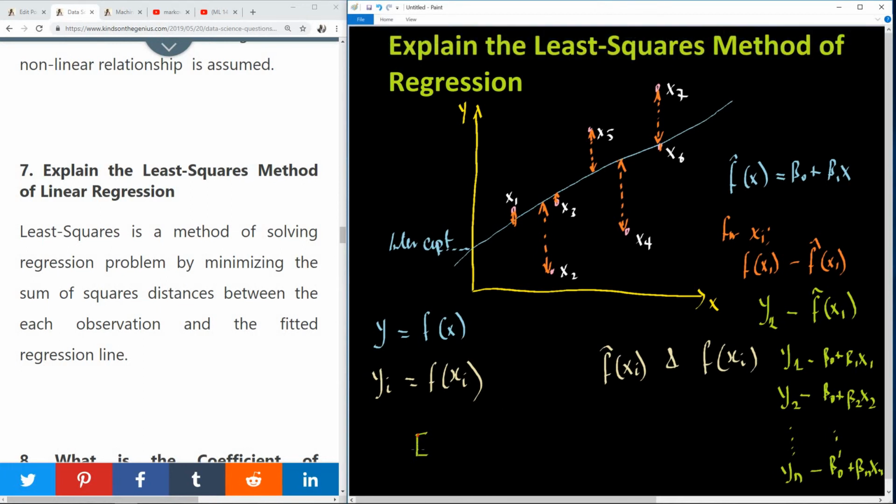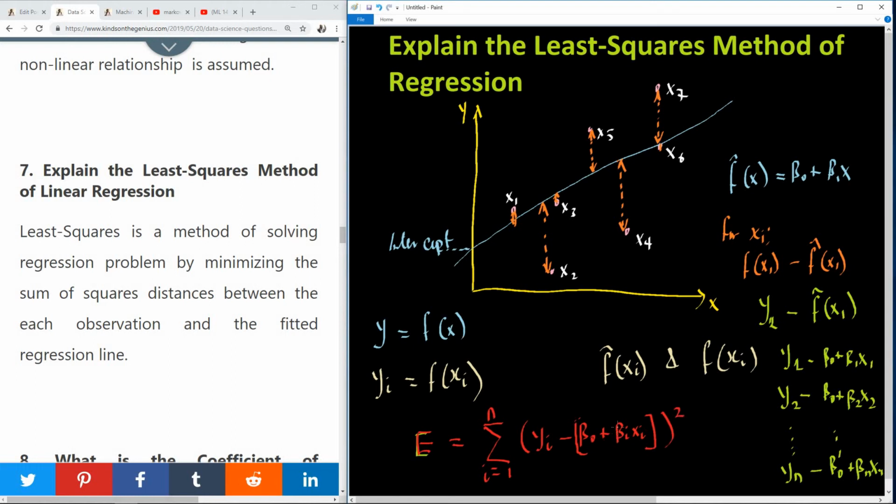E is equal to the sum from i equals 1 to n of (yi minus (beta 0 plus beta i xi)) squared.